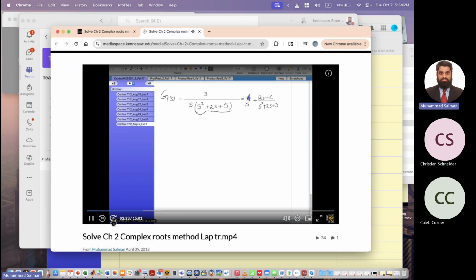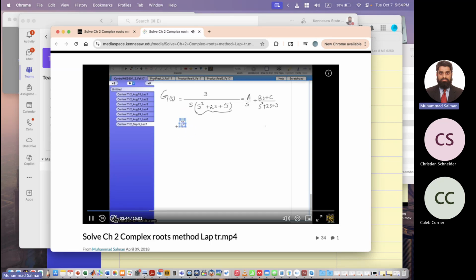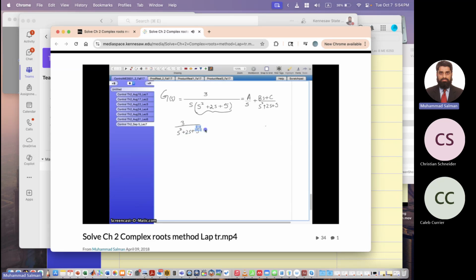And then you have to multiply both sides. Okay, first of all, let me find the discrete root. How will I find a? You see, this is a discrete root. So multiply both sides by s and evaluate at s equals 0. All right. So 3 over, I'm not writing down that term again because it is just a repetition.